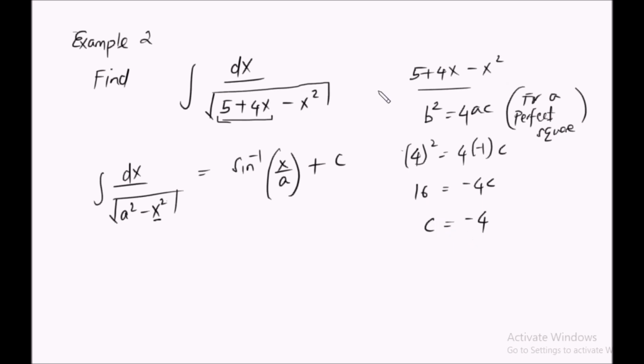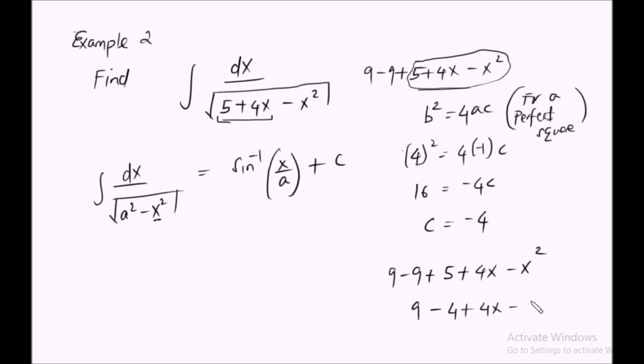So I want to have -4 here. Okay, what do I do now? I will do this: to have -4 here, I will add 9 minus 9. When I add 9 minus 9, I don't change this equation, because 9 minus 9 is 0, so basically I have added 0. But it will help me get a perfect square, because 9 minus 9 plus 5 plus 4x minus x squared is equal to 9 minus 4 plus 4x minus x squared.